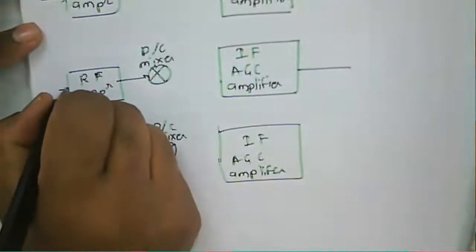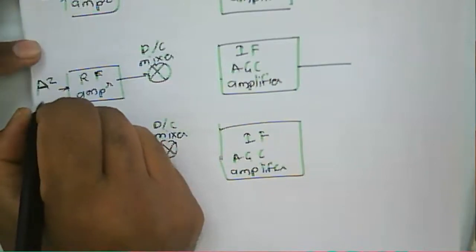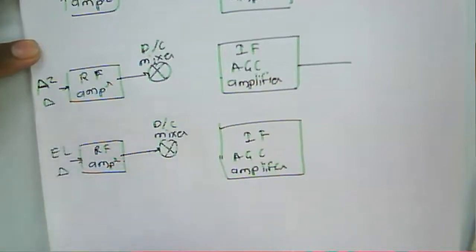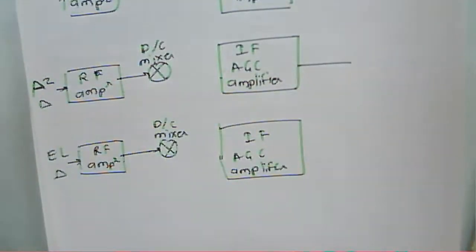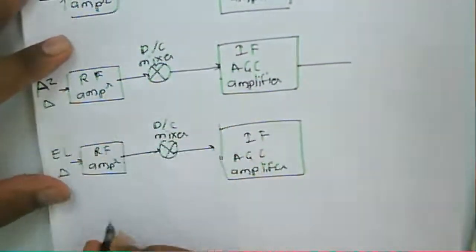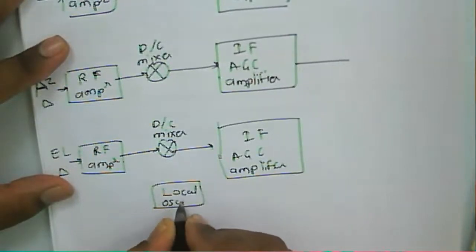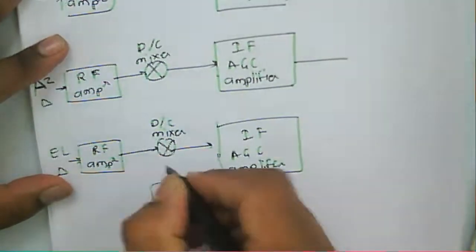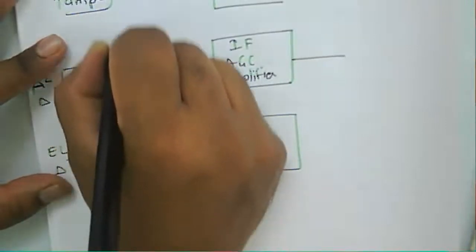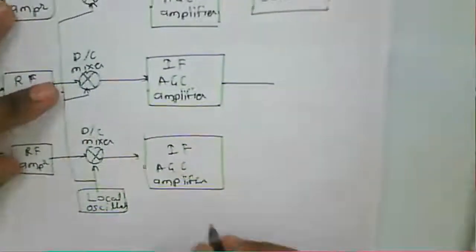This one is about the azimuth and what will be the variation in that azimuth there, or we have the elevation delta, elevation azimuth there. That is the input to this IF, and all these are local oscillator. Okay, so this one is the oscillator here.